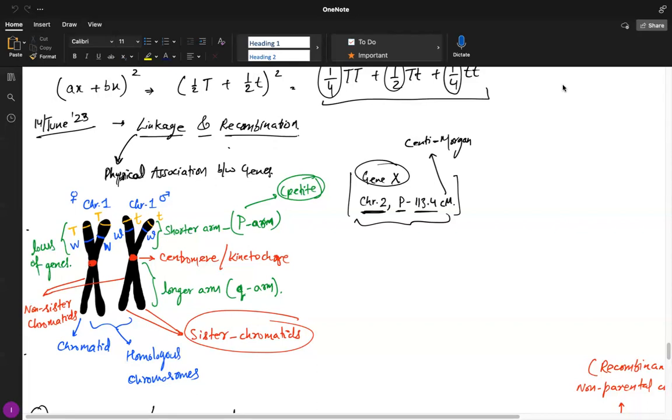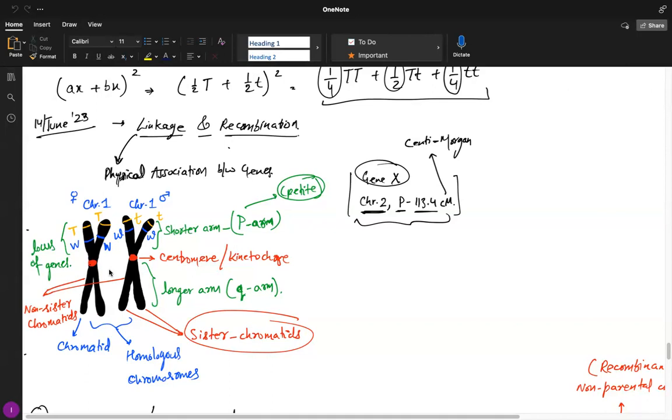Okay, so let me talk to you about this part. The two chromosomes that you see here are called homologous chromosomes, right? Whenever you have to define something, just keep in mind the reference. Non-sister chromatids are two chromatids which belong to two different but homologous chromosomes.